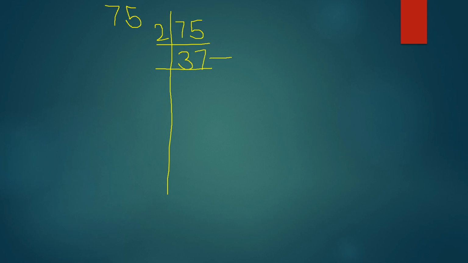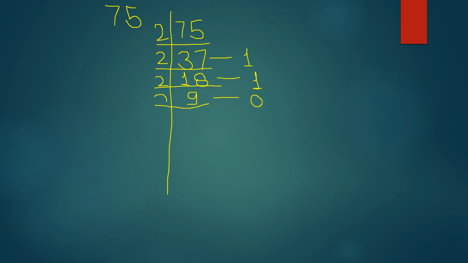The remainder left would be 1 here. Then again dividing it by 2, we get 2 1s are 2 and 2 8s are 16. The remainder we get here is again 1. Then we are again going to divide it by 2. We get the answer as 2 9s are 18. The remainder this time is 0.